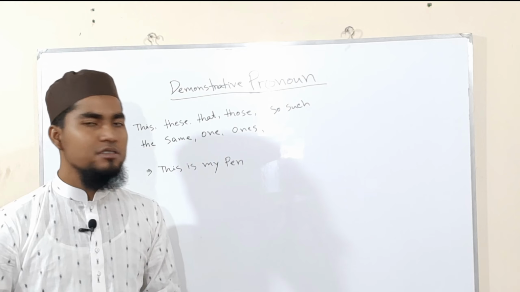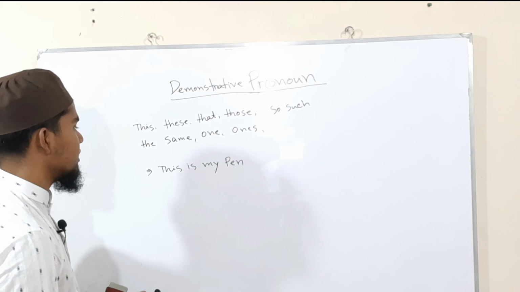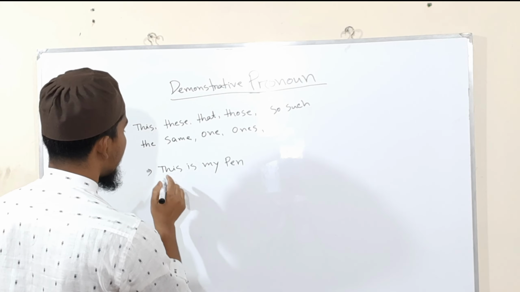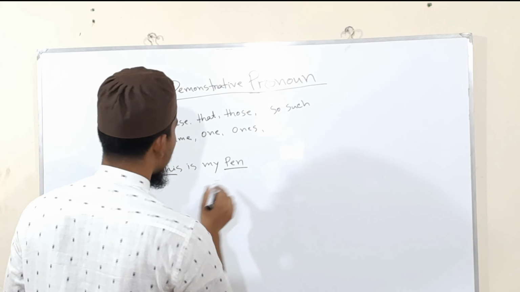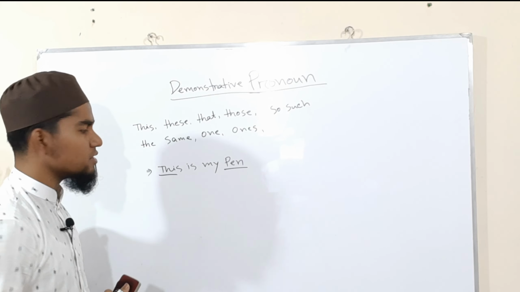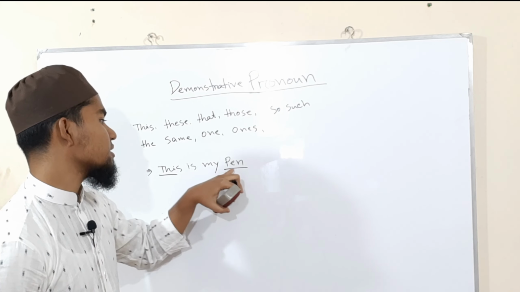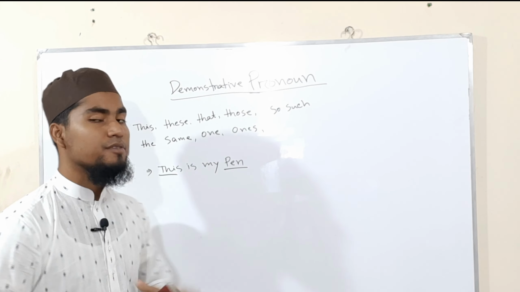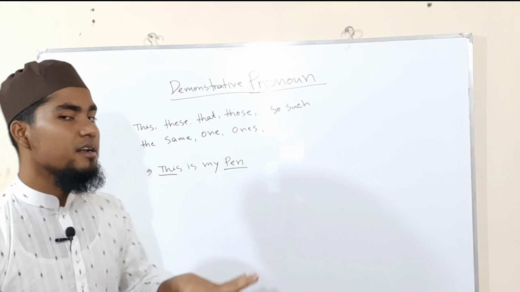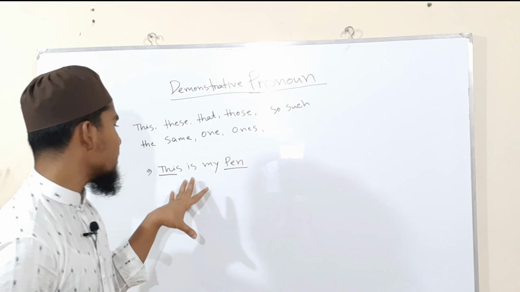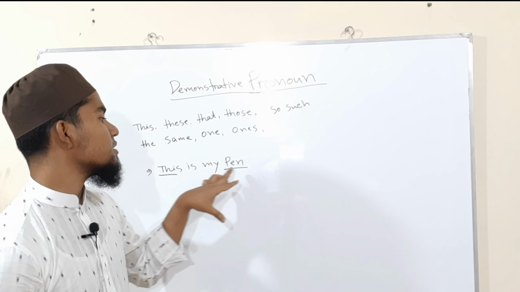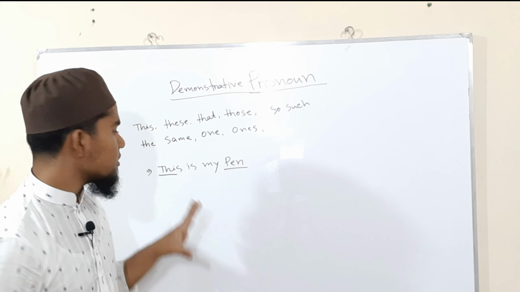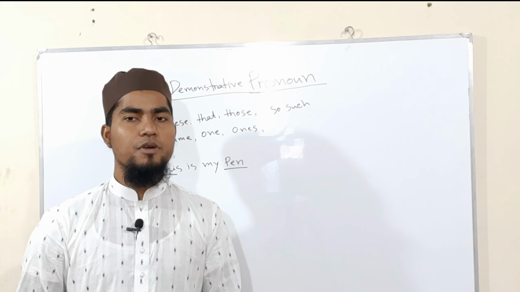So here is given an example: This is my pen. This word is a demonstrative pronoun because this word indicates the noun pen. So we have known that demonstrative pronoun is a pronoun which indicates a noun in a sentence. In the sentence, this word indicates pen. That's why this is a demonstrative pronoun.